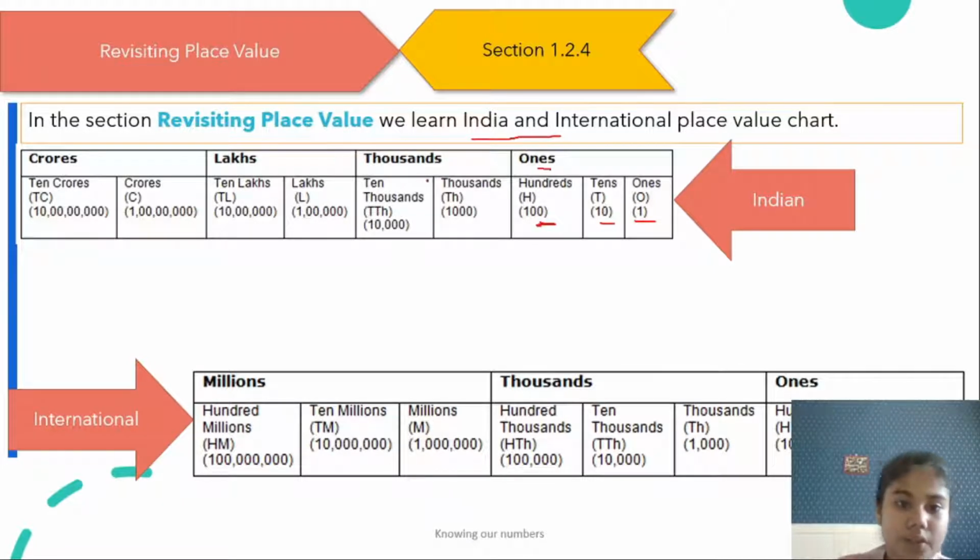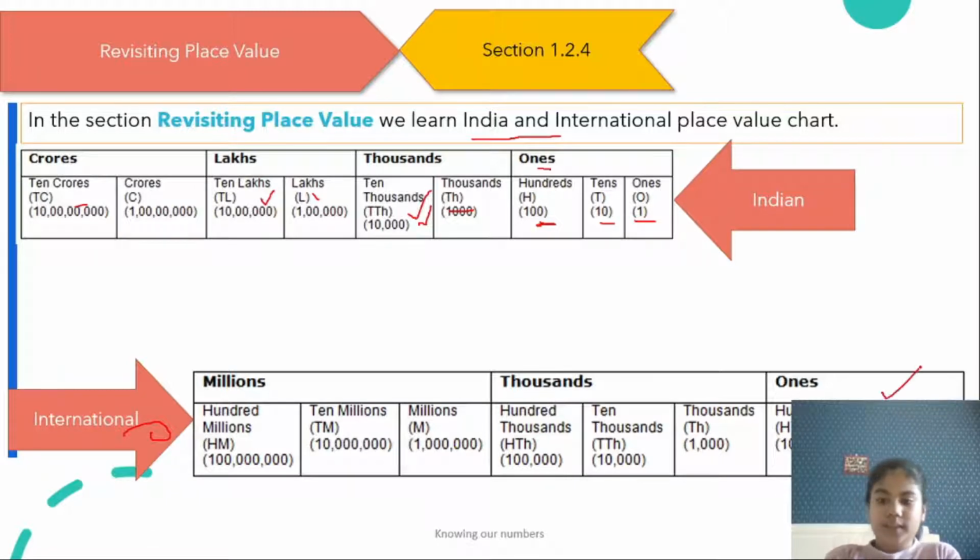Then we have another group, and how many place values do we have here? Thousands and 10,000s. Next we have the lakhs group, and we have two place values here again, lakh and 10 lakh. And now this is a really big group: crores and 10 crores. Okay, now let's move on to the international place value system.